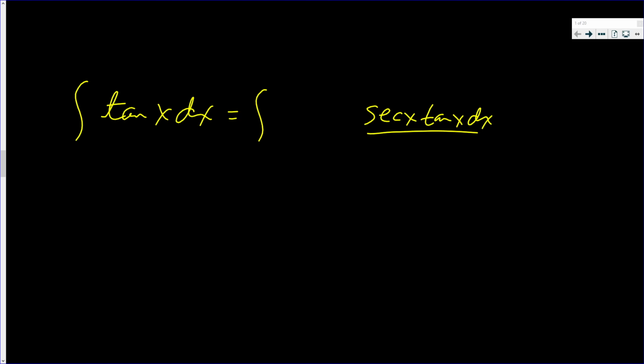There it is. But I have to counter by multiplying by secant x to the negative 1. So if I let u equal secant x, then du is secant x tangent x dx.